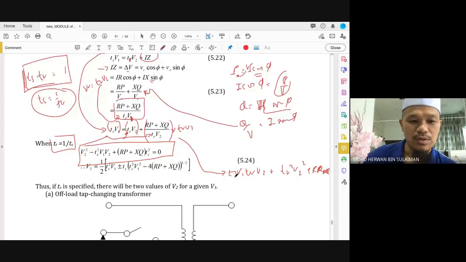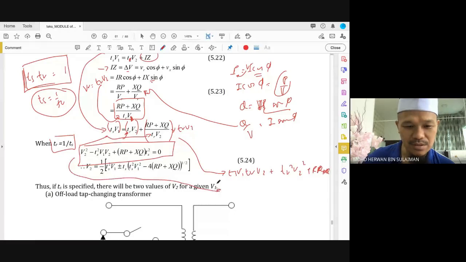So you make the rearrangement, you get V2 square minus TS square V1 V2 plus RP plus XQ TS square equals to 0. Okay, so we can see here, we can make this equation look like the quadratic function, right?